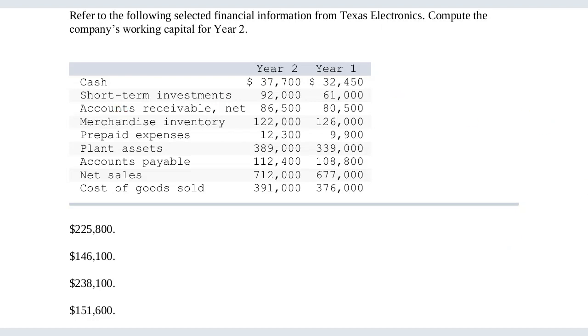So can we identify our current assets? Cash, yes. Short-term investments, correct. AR, that's it. Inventory, and one more.